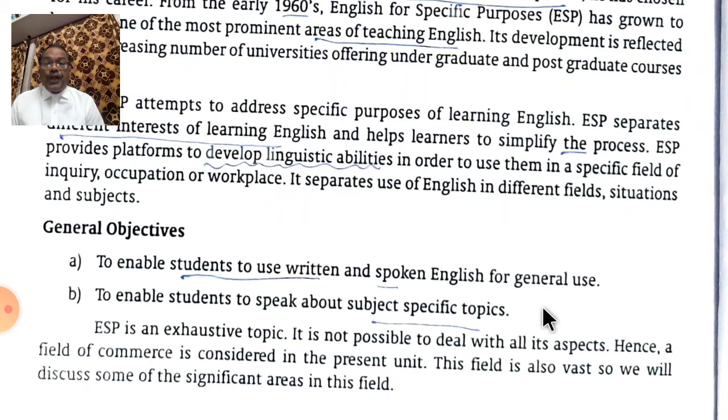We have potential, but we don't have exposure. We are mark oriented. We are not skill oriented. To speak fluent English is also one kind of skill. That is communication skill we have to develop. How to write correct English and how to speak English for specific purposes is very important to develop your career.